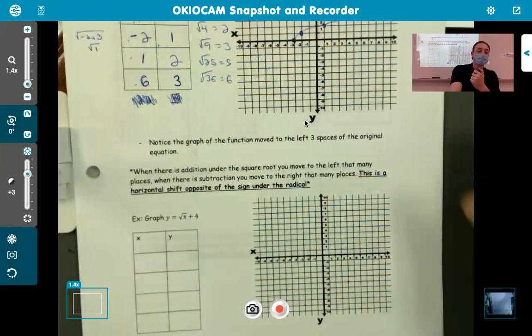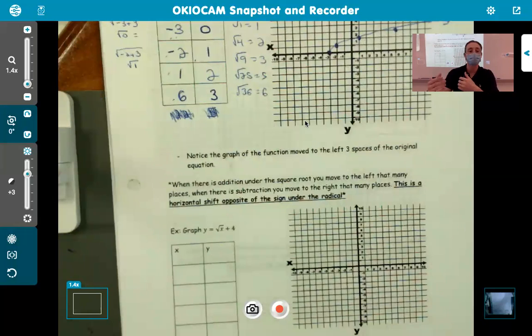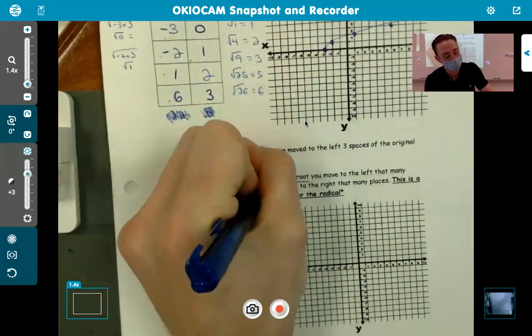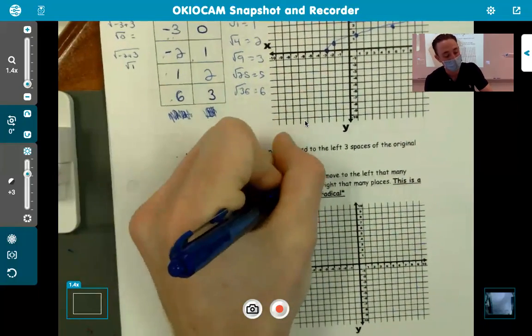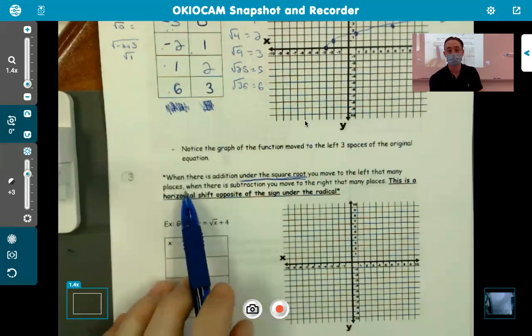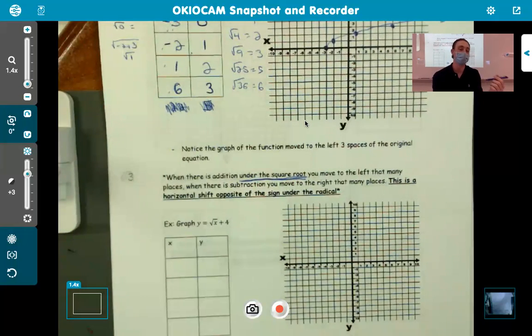Anything that's starred, bolded, highlighted, underlined, whatever it is, is something that we really need to pay attention to. When there is addition underneath the square root, we move to the left that many places.